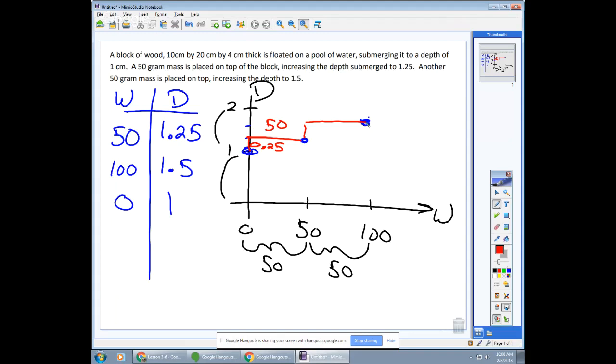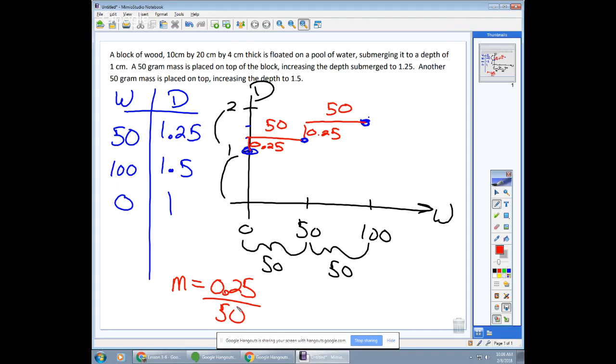Again, it goes up 1/4 and over 50. So unlike our measurements with our springs, which were a little rougher, where the points always weren't exactly the same slope so we had to kind of guess at it, here it looks like we have a pretty constant slope. What's the slope seem to be? 0.25 over 50, yeah. So we're getting an M of 0.25 over 50.